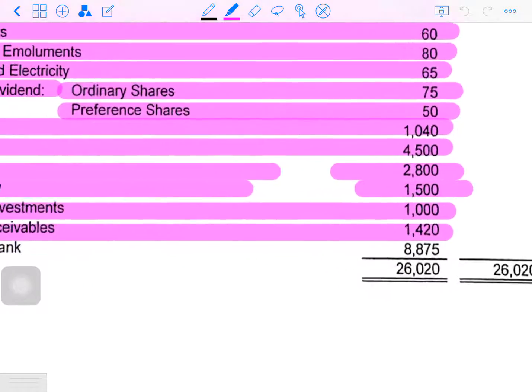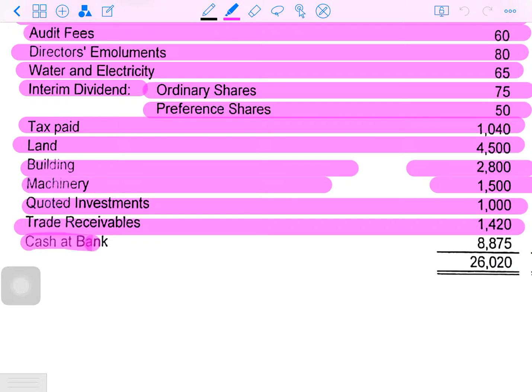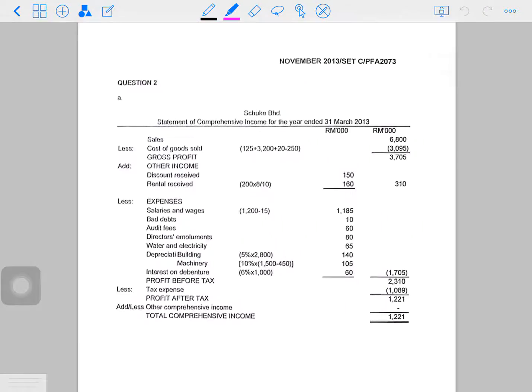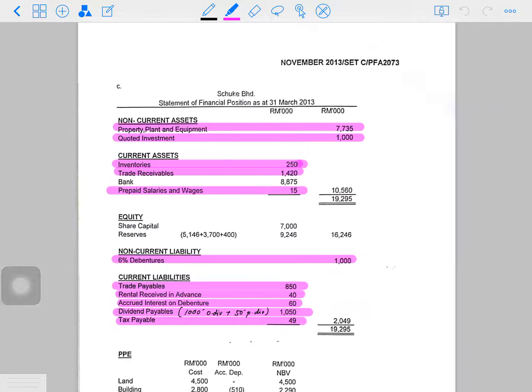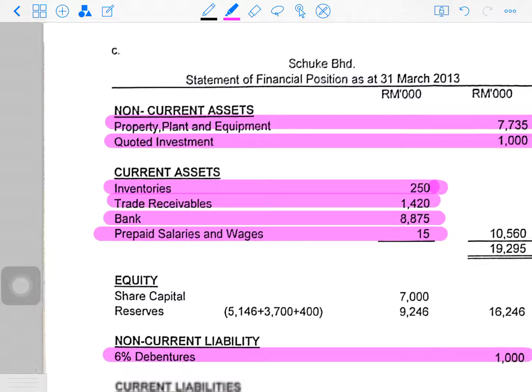And lastly, cash at bank, also under financial position, under current asset. Okay, cash at bank, 8875.